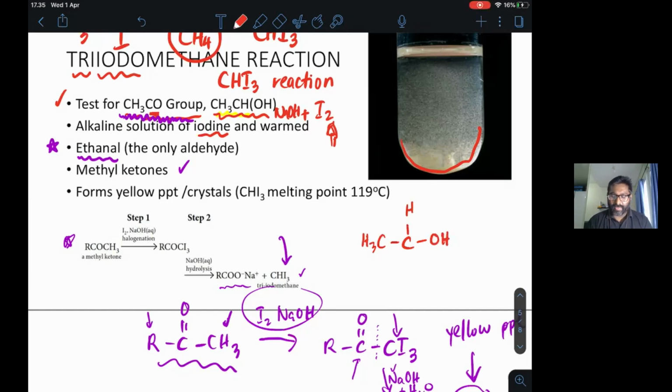So they must have this structure, and I'll put the CH3 over here and the R group over here. Anything that has this alcohol with CH3, H and OH is supposed to be a secondary alcohol. This kind of secondary alcohol also gives you a positive result with CHI3. So I want you to remember that also.